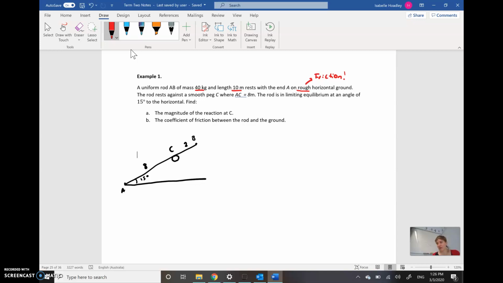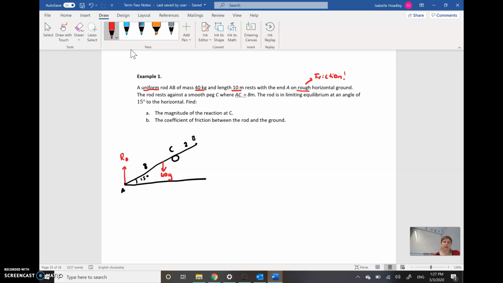So our information that we need to now put in is the forces that are acting within this system. So we have, obviously halfway along, because we're told it's a uniform rod, so I should have said uniform as well, about the 5 meter mark, a force going downwards of 40g. That's our weight force. We also have a normal force, I'm going to call it RA, where the uniform rod meets the horizontal ground.